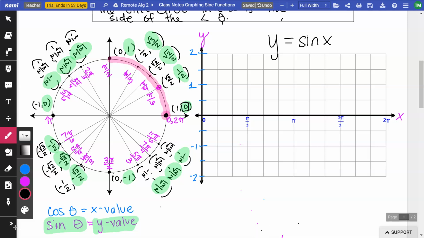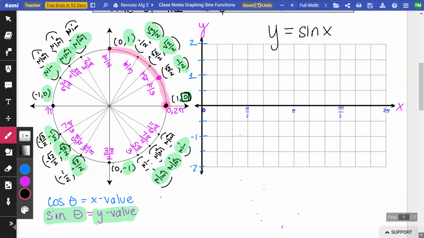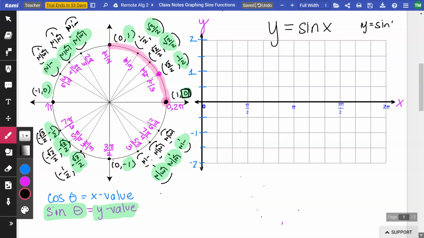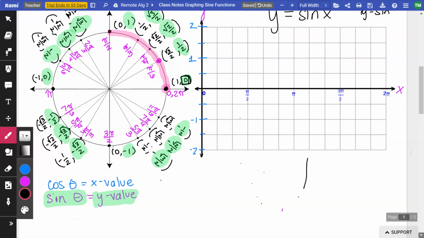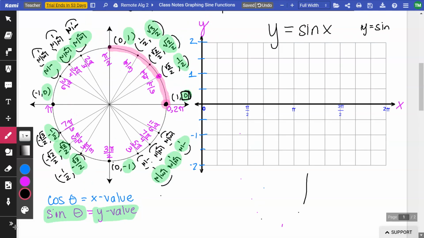What is the sine of 0 radians? It's this y value. So y is equal to the sine of 0 radians. I meant to plug in 0, not theta again. That means that, according to this, y is equal to the sine of 0, y is equal to 0.